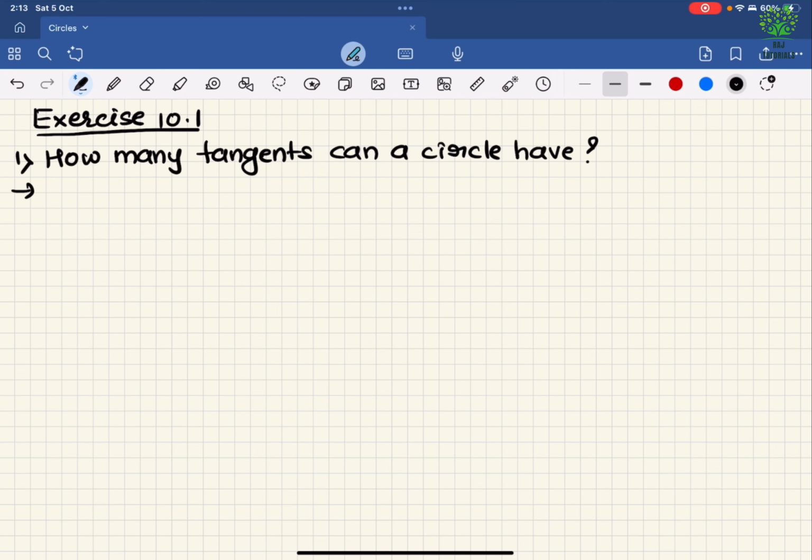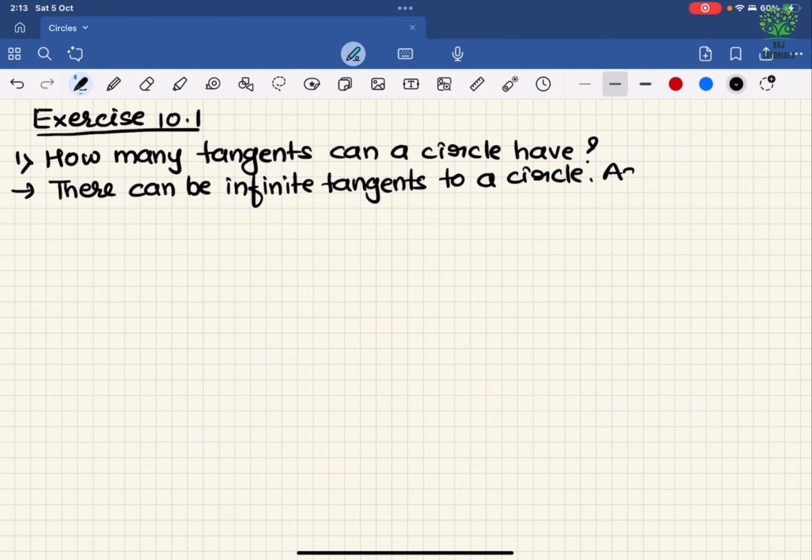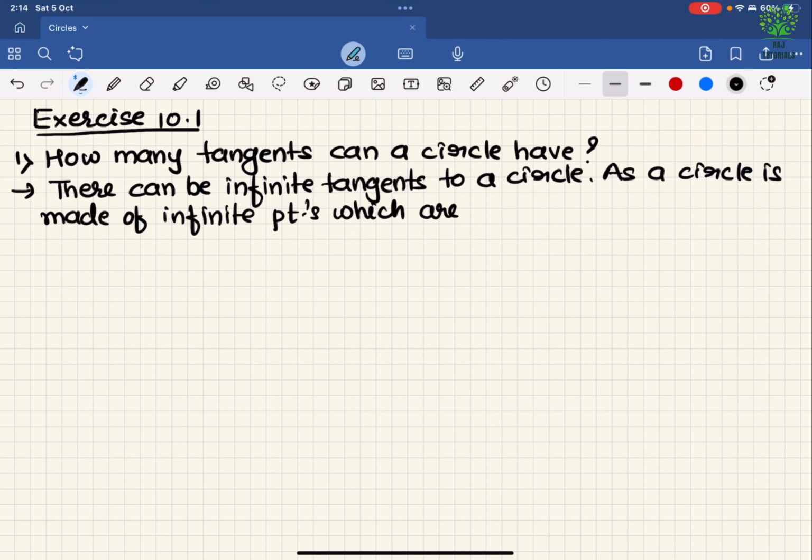So the answer is, there can be infinite tangents to a circle, as a circle is made up of infinite points which are equidistant from a point O, which is the center.